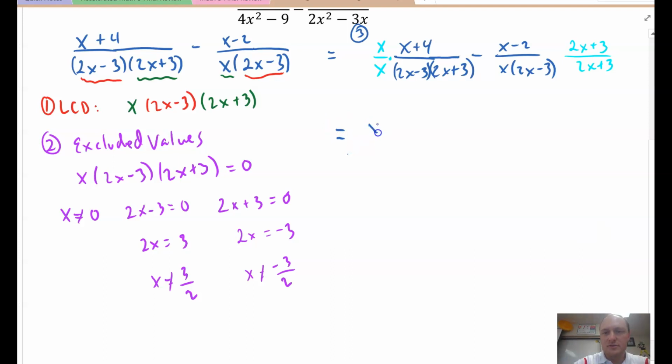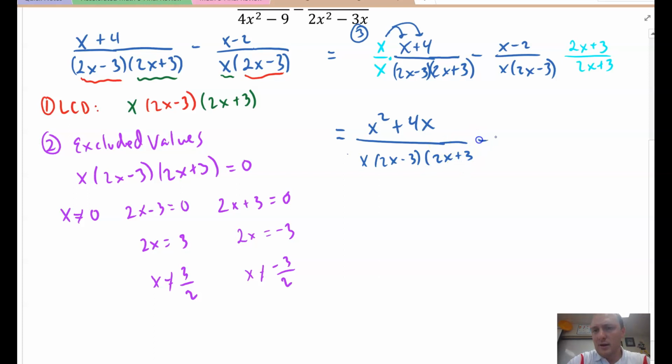Okay, so now this is equal to x squared plus 4x, right? All I did was just distribute. And in the denominator, I have x times 2x minus 3 times 2x plus 3. Okay, minus, and I'm going to go ahead and FOIL this. I'm going to distribute these terms here.